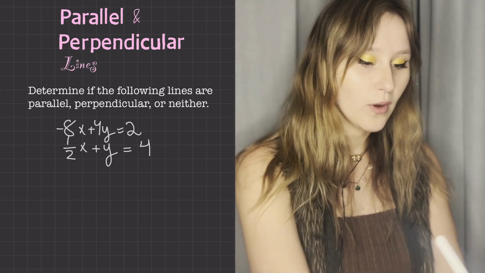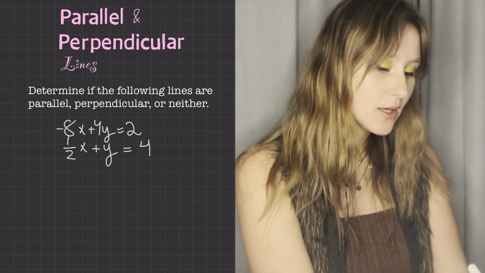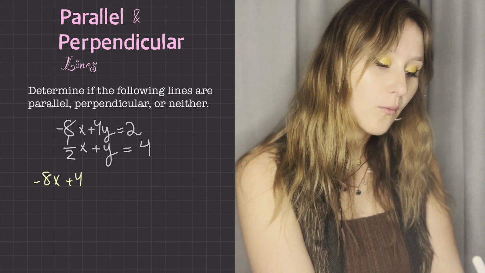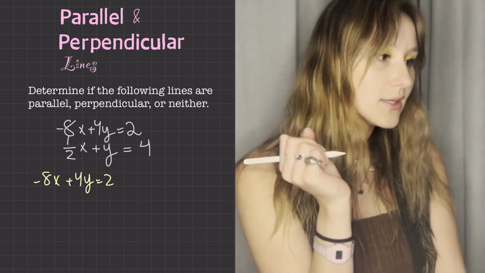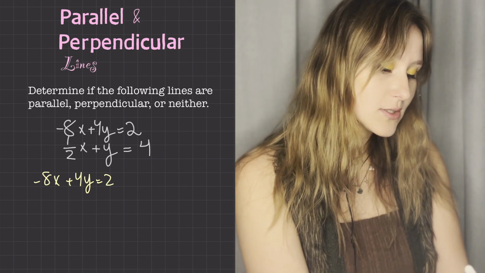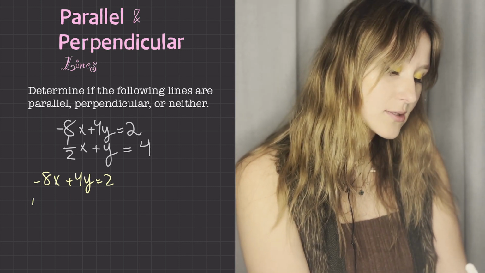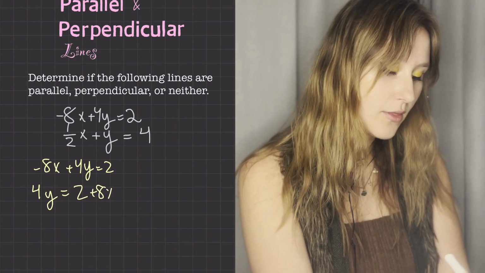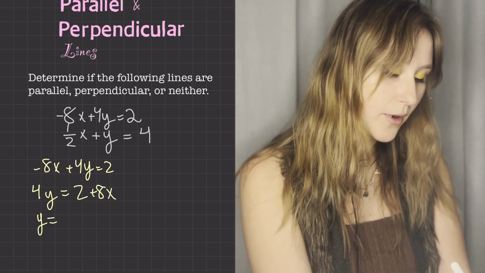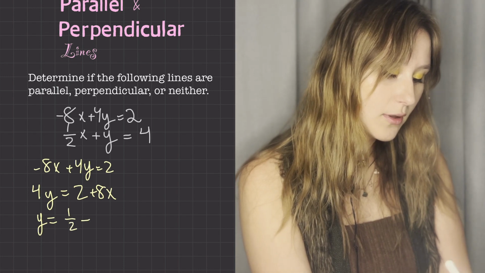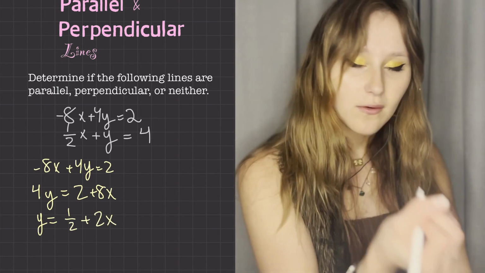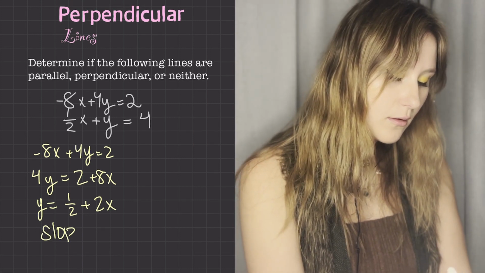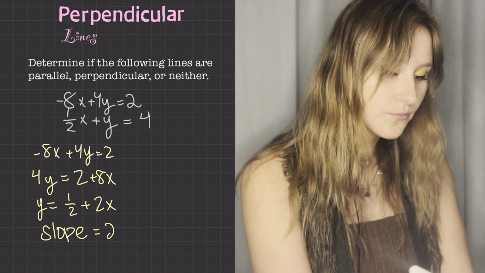Next one, we have minus 8x plus 4y equals 2. And we also have 1/2 x plus y equals 4. So same thing, we are going to solve for y to get slope-intercept form. So I'm going to add 8x to get rid of the 8. Then we are going to divide by 4 to get 1/2 plus 2x. Okay, cute. So that's the slope is 2.